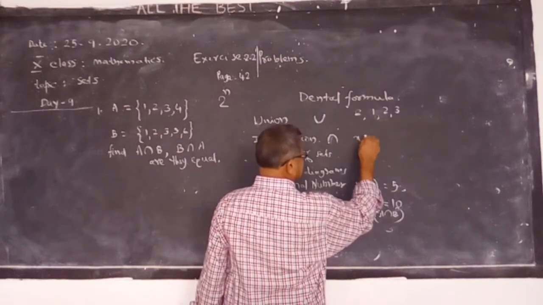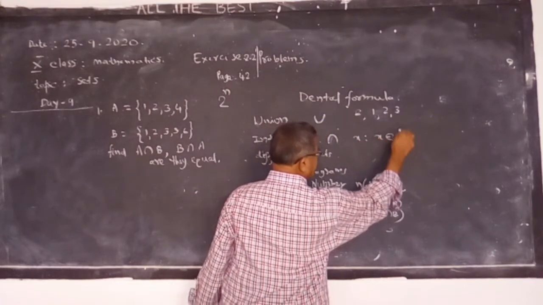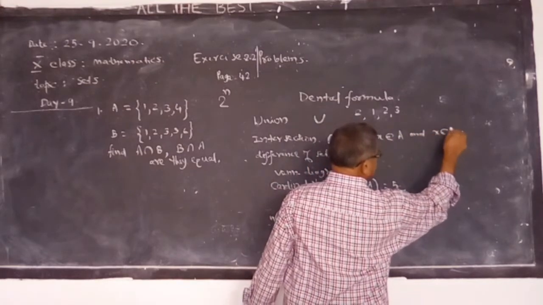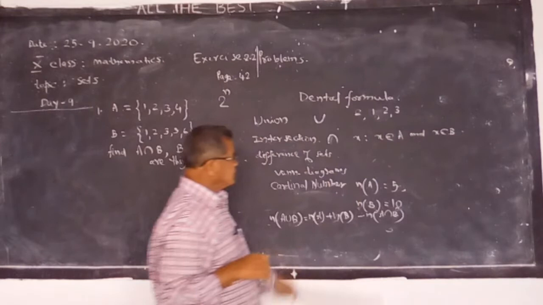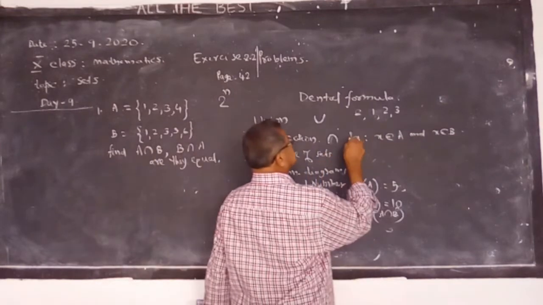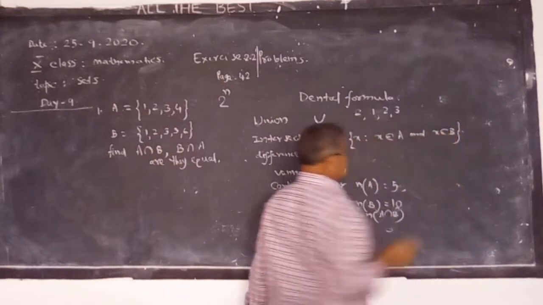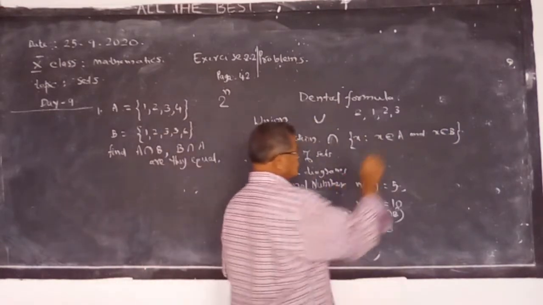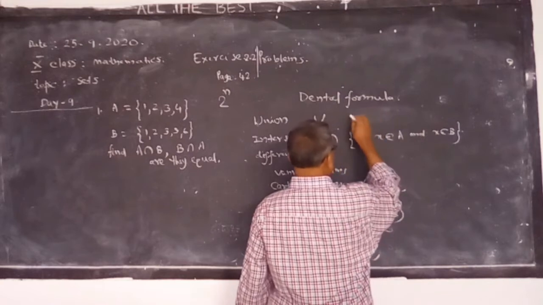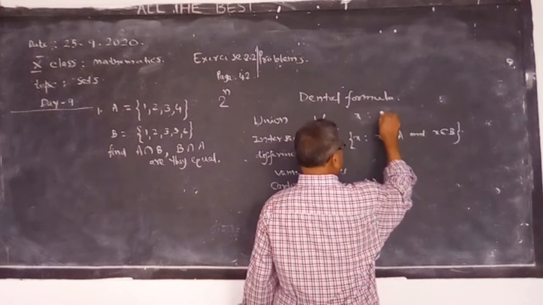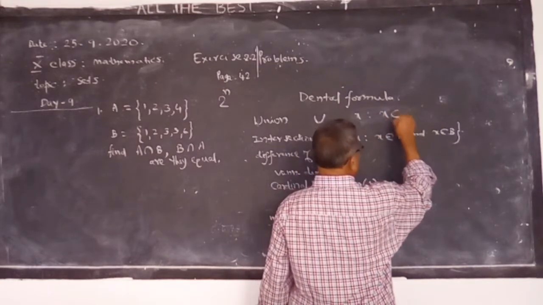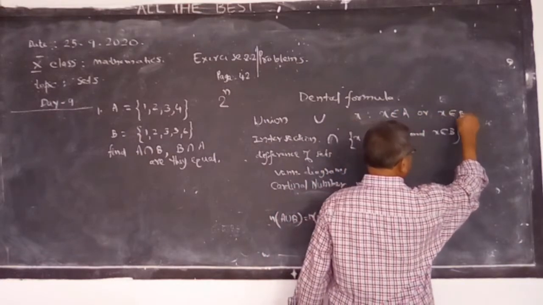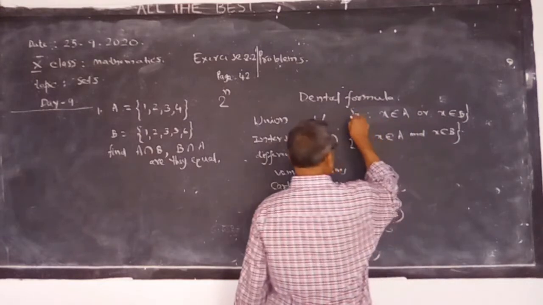For intersection, x is such that x belongs to A and x belongs to B, because x is in both set A and set B. We write 'and' here. Whereas for union, we write x belongs to A or x belongs to B.